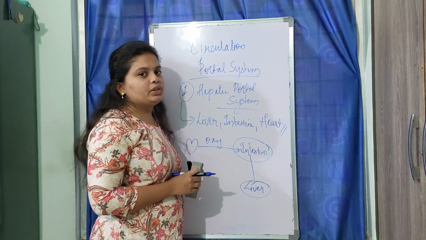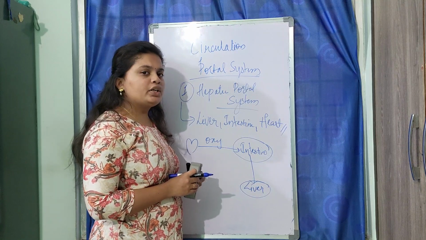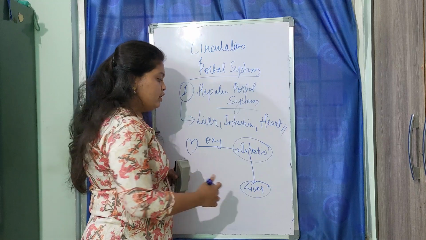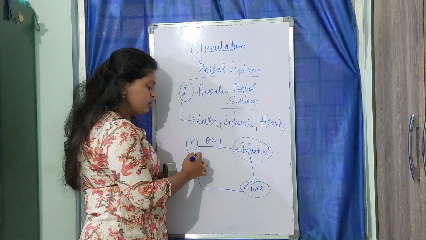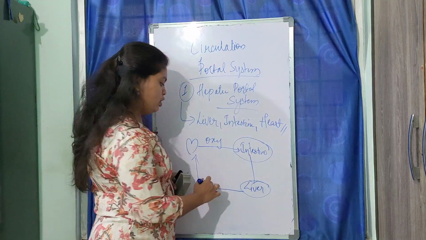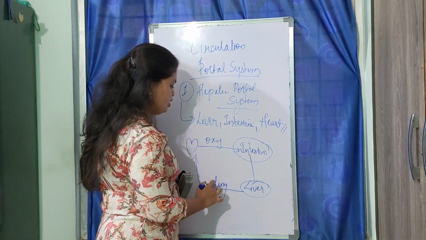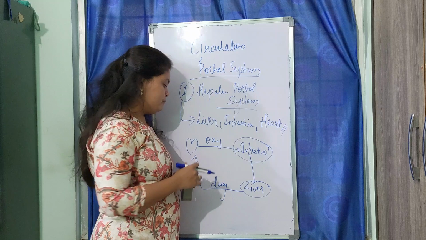Whatever excess nutrients are there are converted into a storage form, and after this process, the liver sends this blood, deoxygenated blood to be precise, back to the heart. So what is happening here?